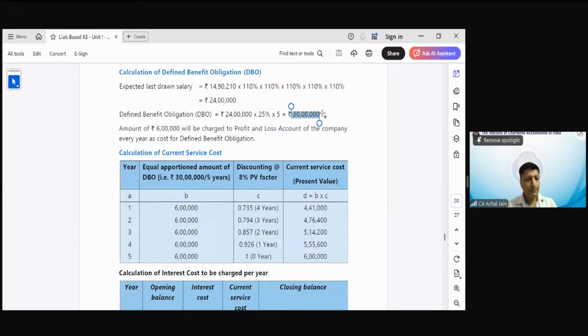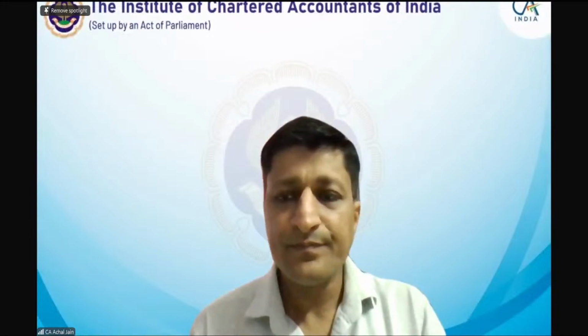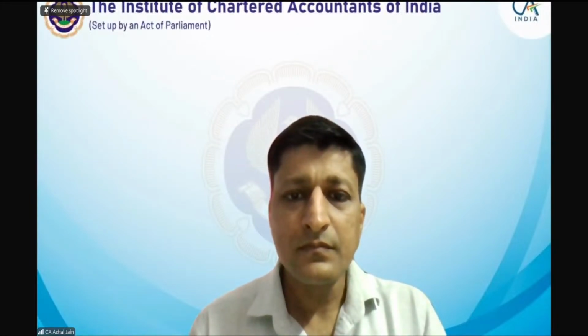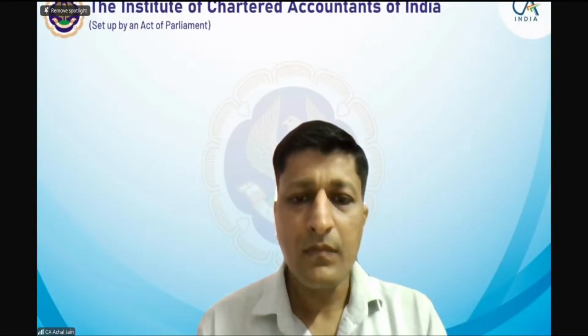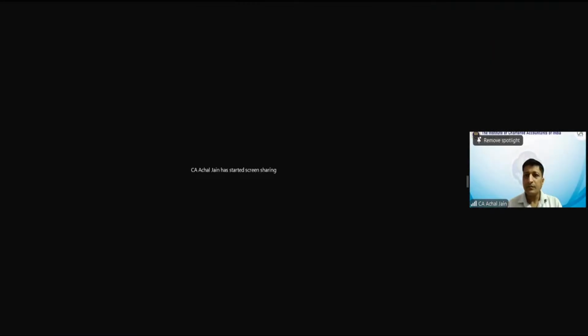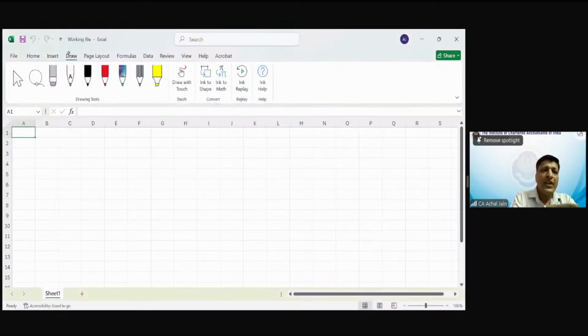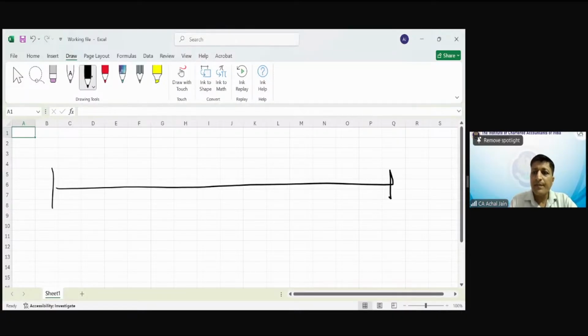Now, in this case, there's a concept of present value which we need to apply. Let's understand that. How will you apply that concept of present value? Now we understand after 5 years, 30 lakhs will be payable.